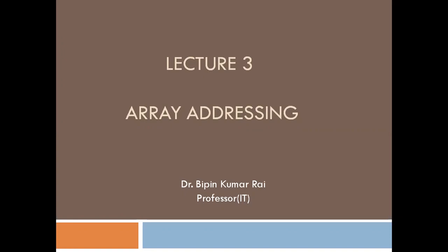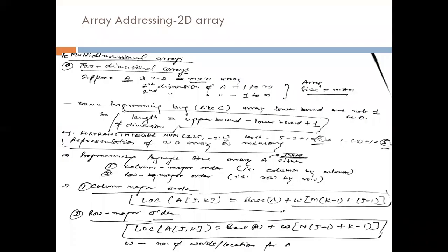There are different addressing mechanisms available, followed by different programming languages. So we are going to discuss this. Firstly, we will take a two-dimensional array so that you have some basic concept, and then we will generalize.